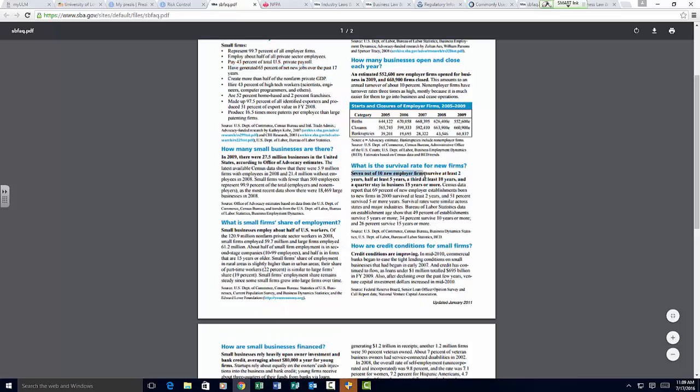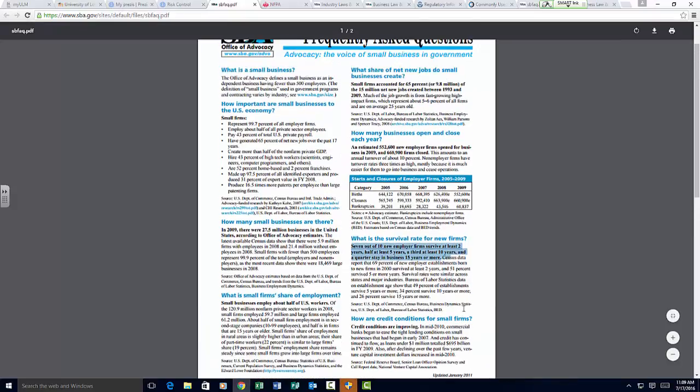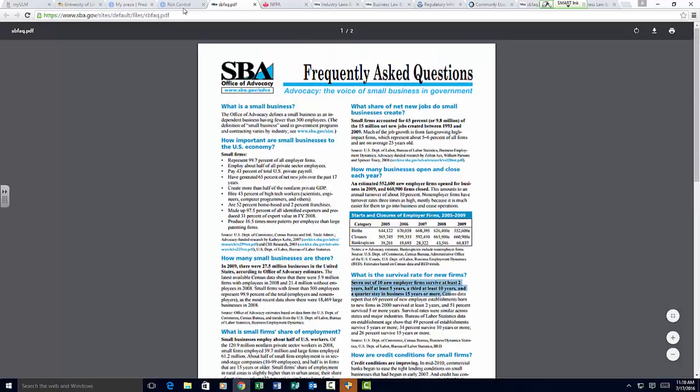However, 7 out of 10 of new employer firms survive at least 2 years, half at least 5 years, and a third at least 10 years, and only a quarter stay in business 15 years or more. Obviously, not all of the failures are related to hazard risks, but all of the failures are related to risk and need to be managed, especially for a small business. So there's really no better argument for small businesses paying attention to risk management than what you read right here.